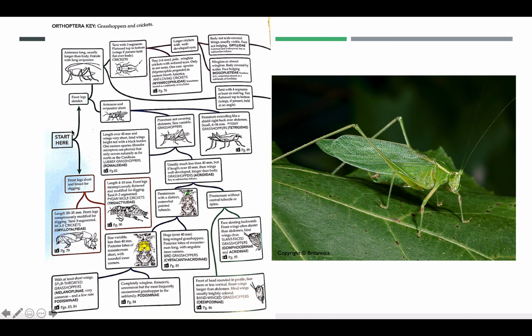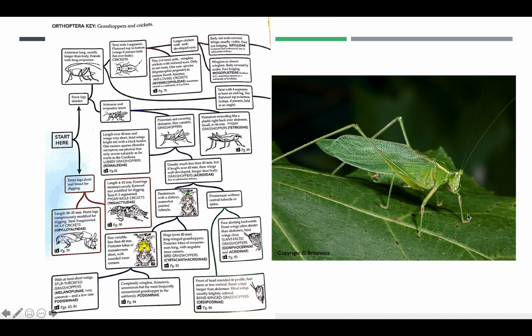All right, so we flip to the page on grasshoppers and crickets, and it tells you to start here, where that little start here box is on the left, and it guides you in two directions. So are the front legs slender, or are they short and broad for digging? What do we think about these front legs? Slender?